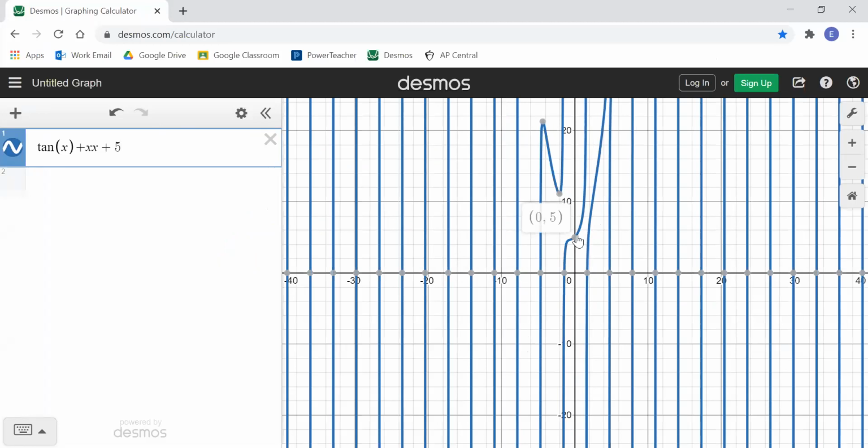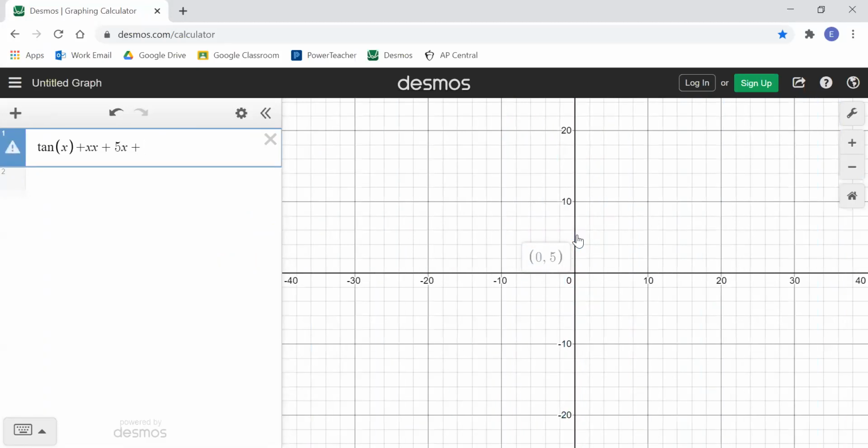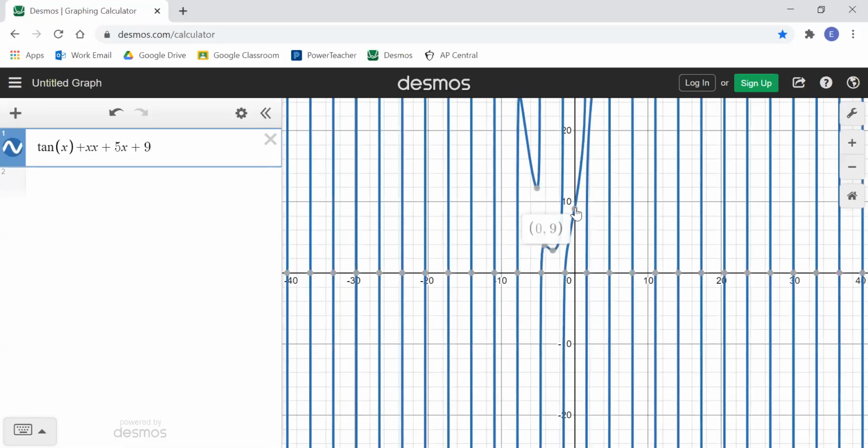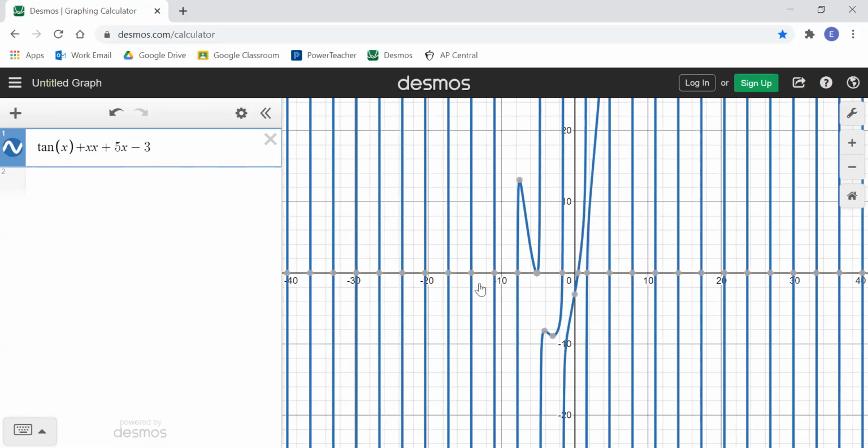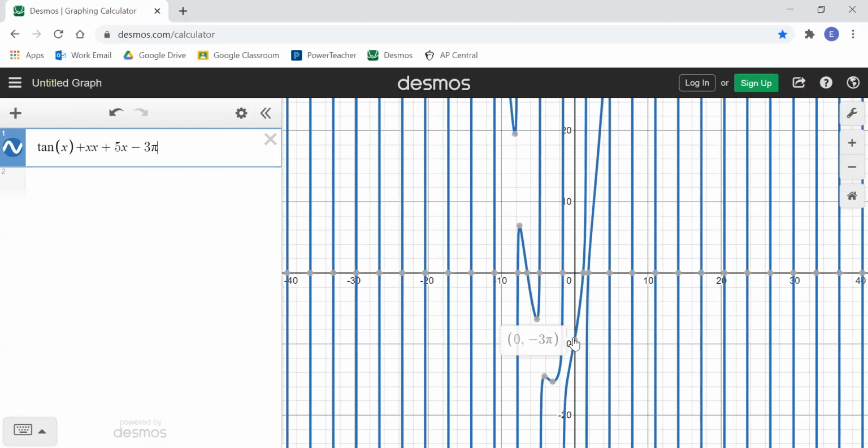In fact, for this particular function, whatever this constant happens to be is my y-intercept, right? I put a 3 there, my y-intercept is 3. If I put a negative 3 there, my y-intercept is negative 3. If I put a minus 3 pi, my y-intercept is minus 3 pi, right?